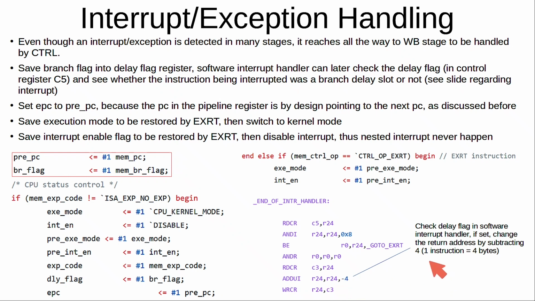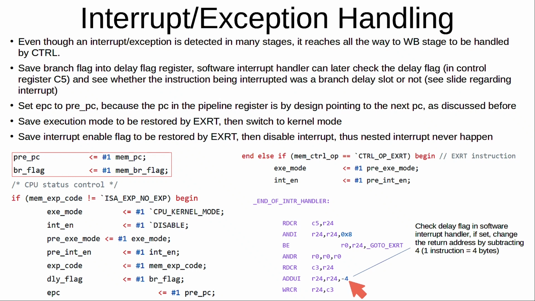By the way, we subtract 4 because one instruction takes 4 bytes in our design, and by subtracting 4, we are essentially getting the branching instruction just above the branch delay slot. And then we return to the branching instruction that we have calculated here.